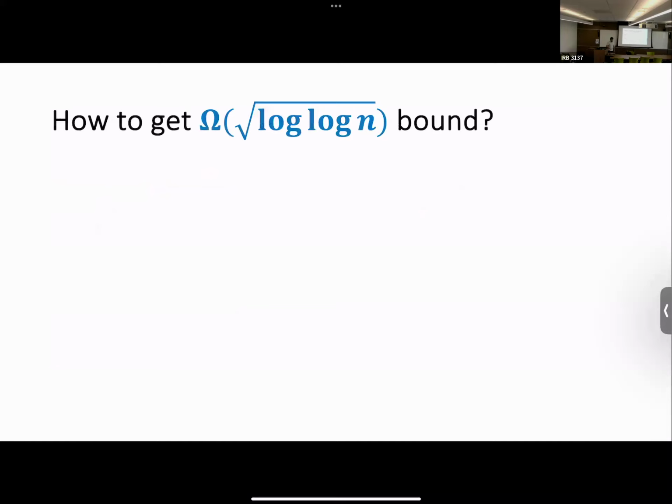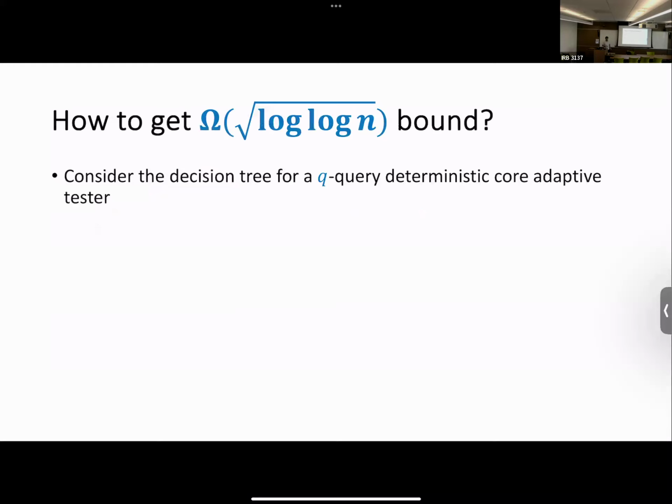And now how does this code adaptiveness actually help us in getting square root log and power. For any testing algorithm, if it is deterministic, then we can consider the corresponding decision tree. And as I mentioned, if we consider a general tester, then this decision tree will have lots of nodes because the subsets would be of arbitrary size.